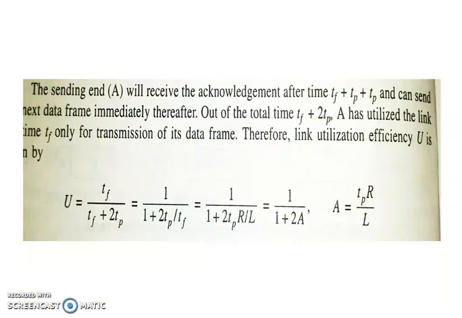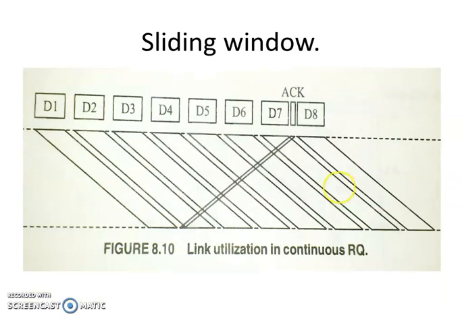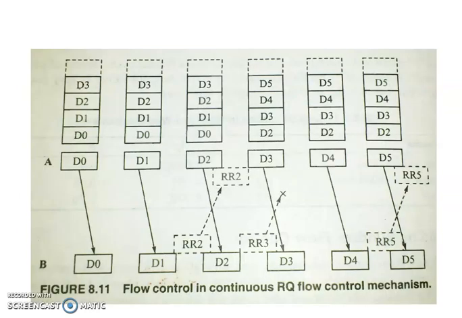So they came up with the sliding window flow control mechanism. Yes, it is slightly different from the previous method, in that here all the frames are numbered. If you see here D1, D2, D3 and D4, numbers are given to the frames. They are numbered, and the sender keeps on sending the frames without actually receiving the acknowledgement for the frames that it has sent.